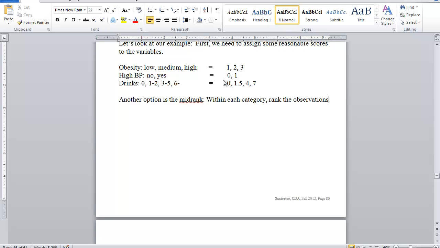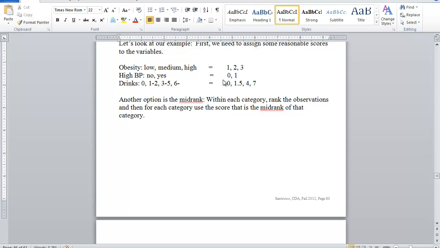Literally you're going to go through, line them up in the order of their ordinality, and then label them off 1, 2, 3, 4, all the way to n. So you're going to rank the observations, and then for each category, use the score that is the midrank of that category.